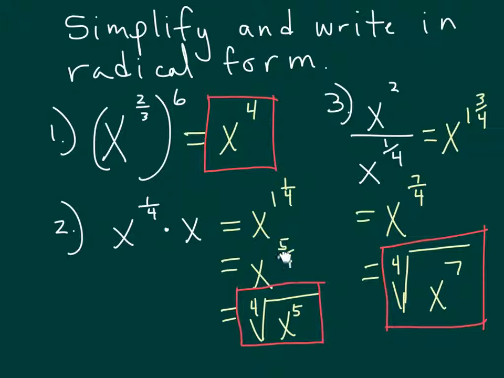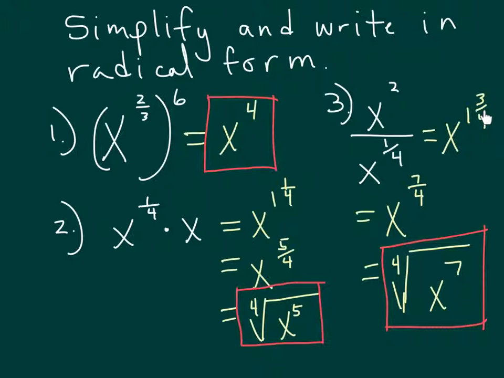So we have x to the 5/4, which means that we're going to put it in this situation with the radical, using the radical symbol. All right, and then here we have x squared divided by x to the 1/4, which means we're going to take 2 and subtract 1/4 from it. When we do that, we get 1 3/4. But we can't use that as an exponent.